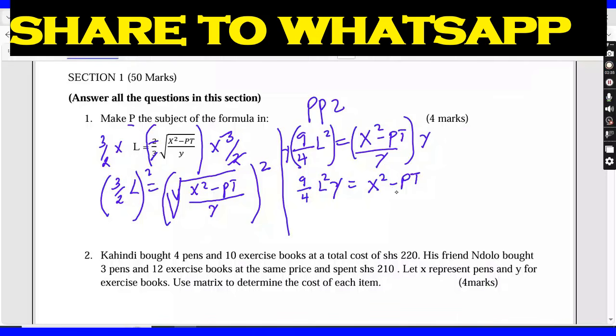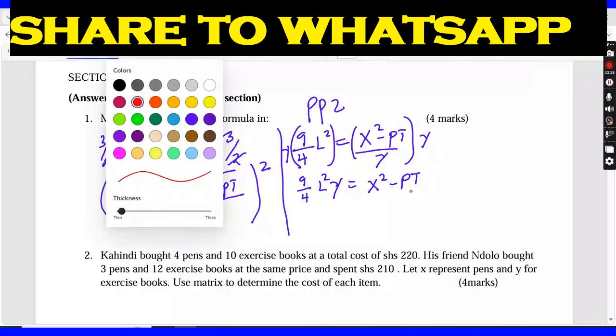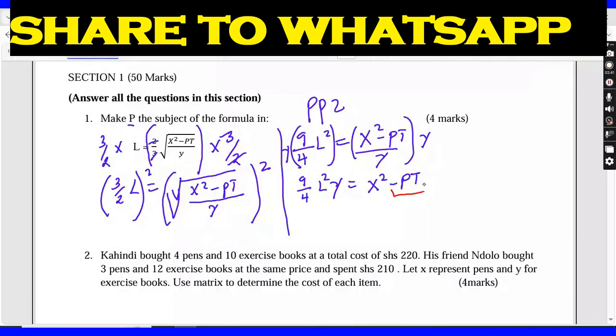What I want to do is to bring this to the left and bring this one to the right. So I will have pt is equal to this one, if you go up it becomes negative, is equal to x squared minus 9 over 4 L squared y.